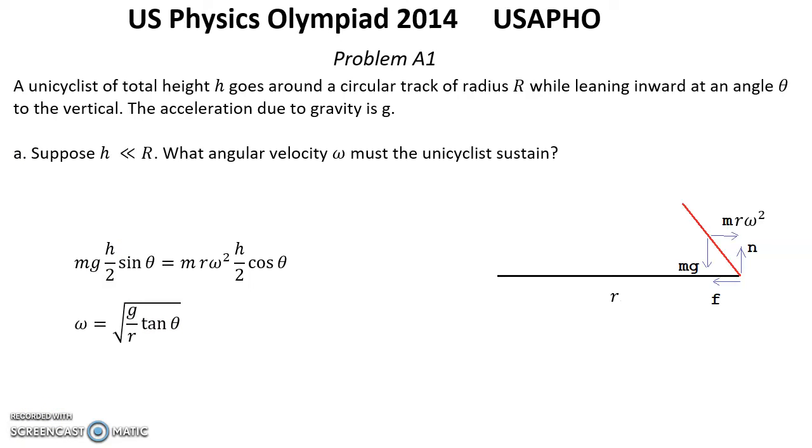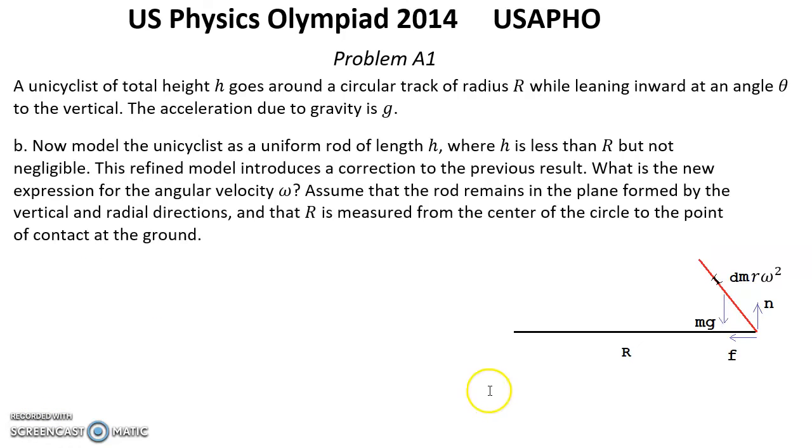Let's do question B. Now, because we cannot neglect the height h of this unicyclist, we have to split him into little masses dm, and to count the total torque we need to do an integral.